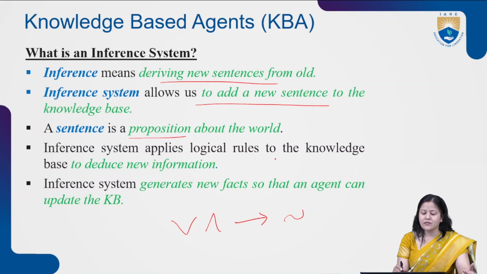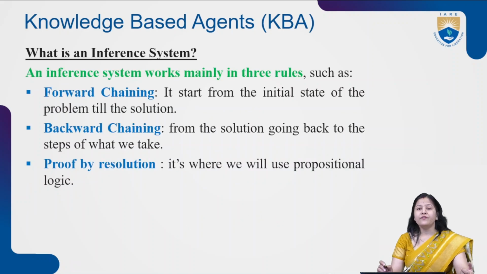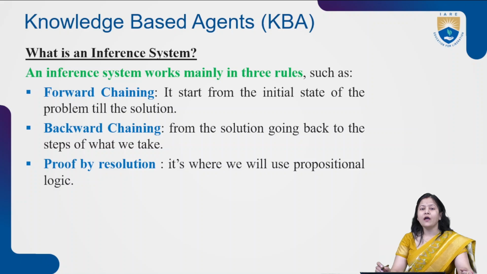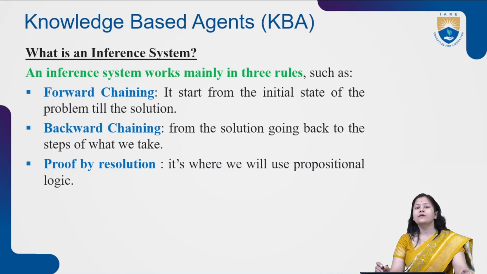The inference system applies logical rules to the knowledge base to deduce new information, and the inference system generates new facts so that an agent can update the knowledge base. An inference system mainly works on three rules. So what are the three rules? One is forward chaining, second is backward chaining, and third is proof by resolution.